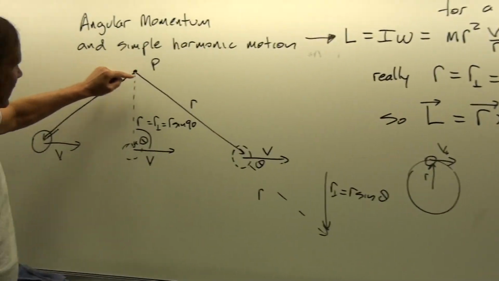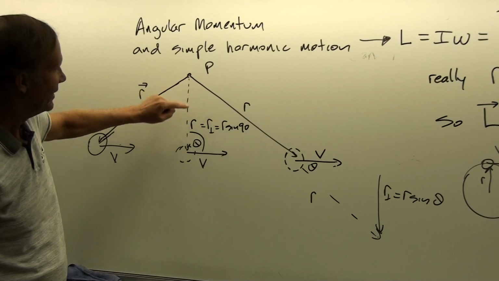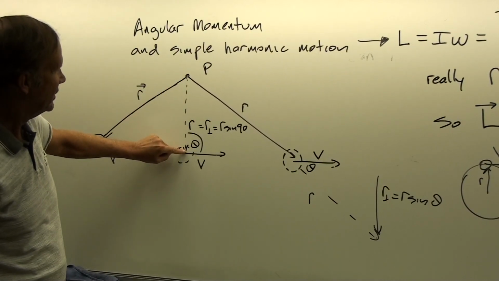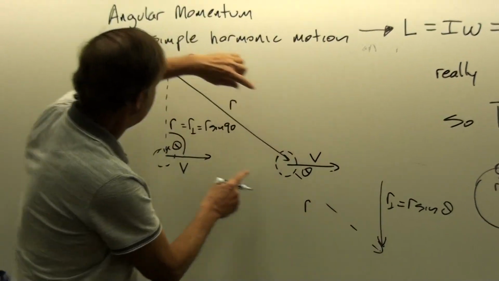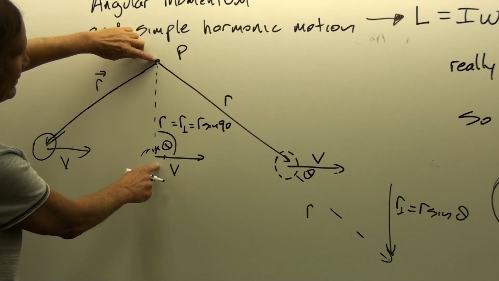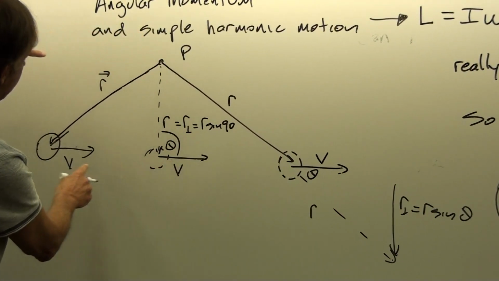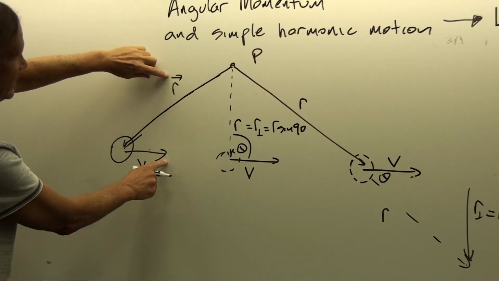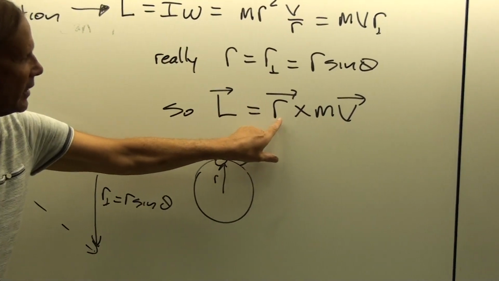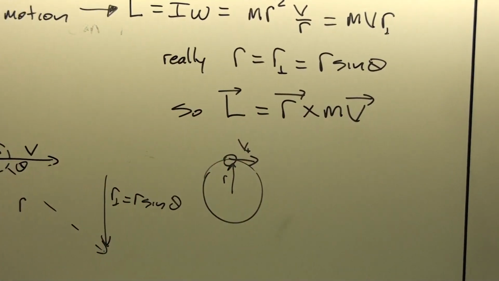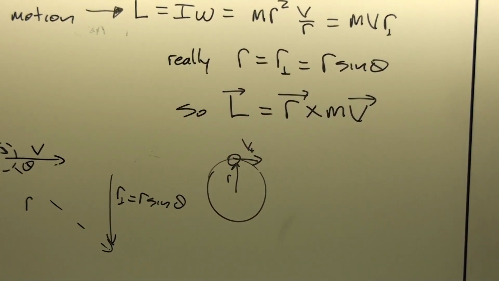But that's just the same value as this value here, which is the r sine 90. Okay? And so this distance and that distance are the same value. Okay? And similarly over here, the r perpendicular is just the perpendicular part of r in this L equals r cross mv.